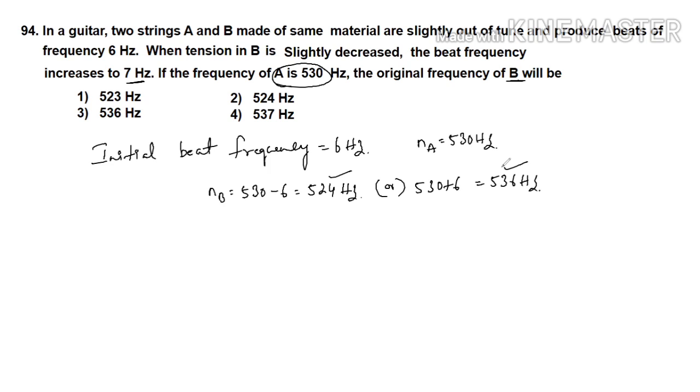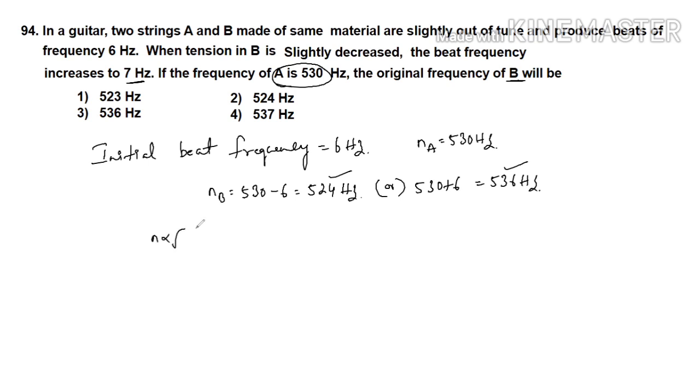But here what they are saying is, when the tension is slightly decreased, the beat frequency increases to 7 Hertz. The frequency of A is 530. What is the relation between frequency and tension?